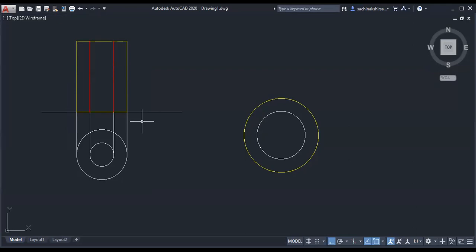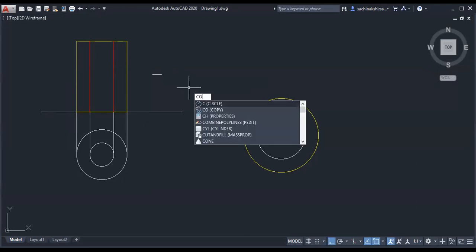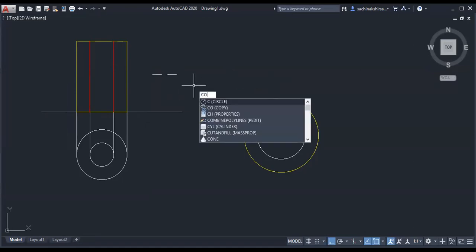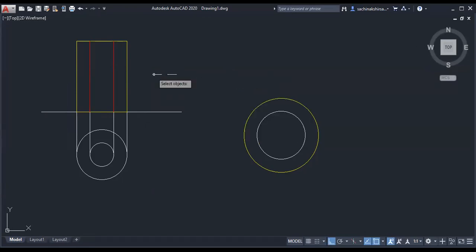Here there will be a line, again a line, something like this. A dotted line, only a line like this.